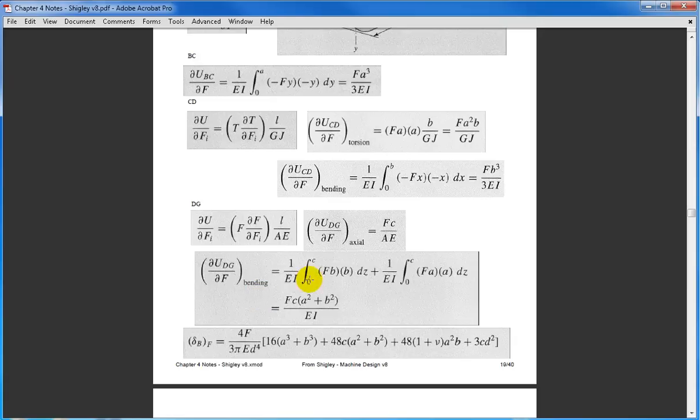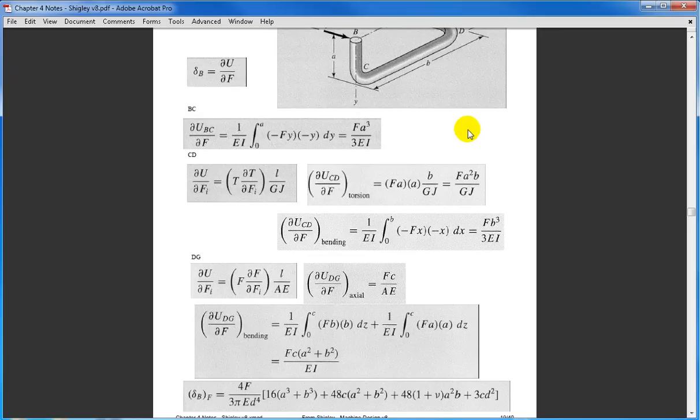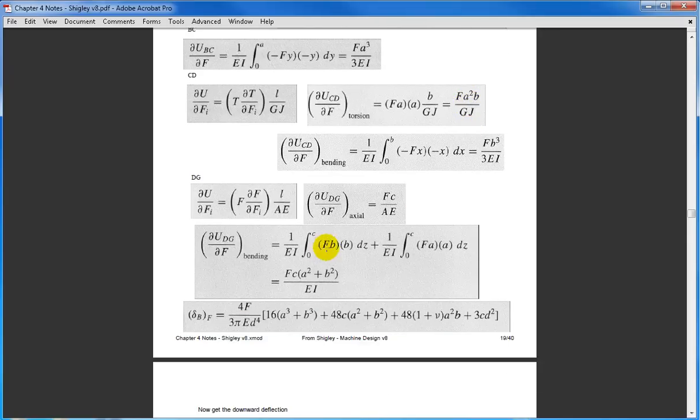Okay, we're going to have an F times B. We have a bending outward energy, and that moment is F times B. And so our 1 over EI integral of the moment, FB, times the partial of the moment with respect to F, that just leaves the B.